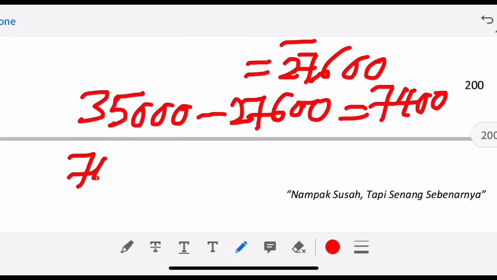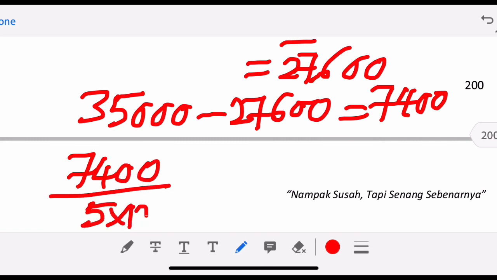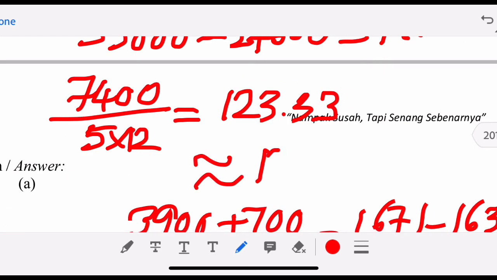For the 5 years, 5 times 12, 60 months. Okay, divide by 60. That means every month she need to save about 123.33. So to the nearest ringgit is 124 ringgit.